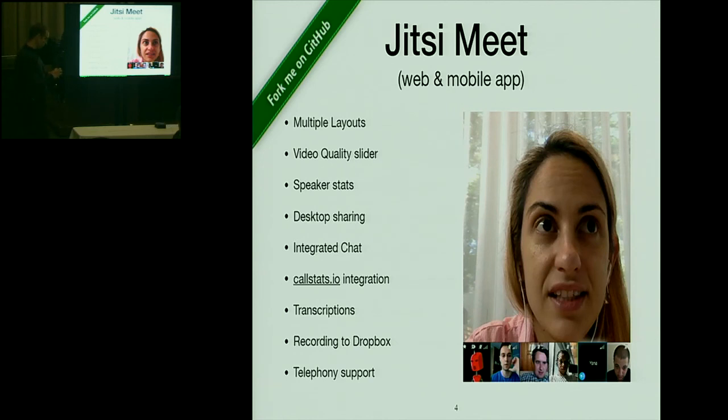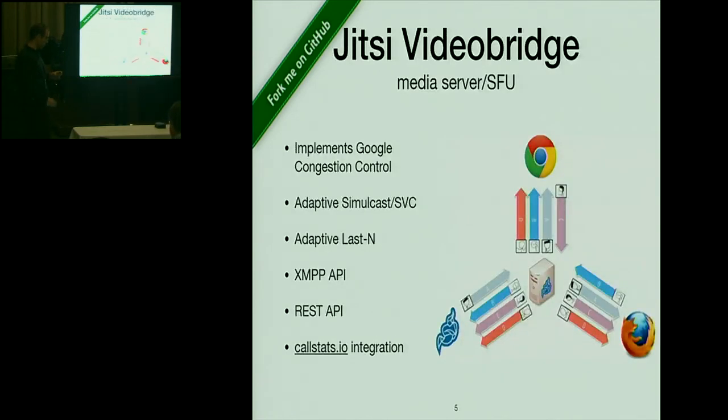The other main component that we are using is the Jitsi Videobridge, our Selective Forwarding Unit, or SFU. It implements conferencing features such as simulcast and last N. As a reminder, simulcast is when an endpoint encodes and sends multiple versions of the video stream it's sending, so that the bridge is able to forward the appropriate stream to the appropriate receiver.